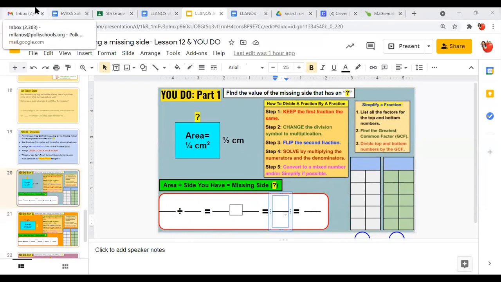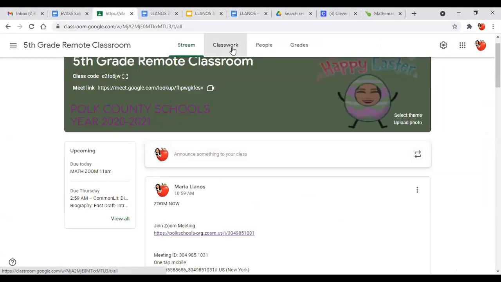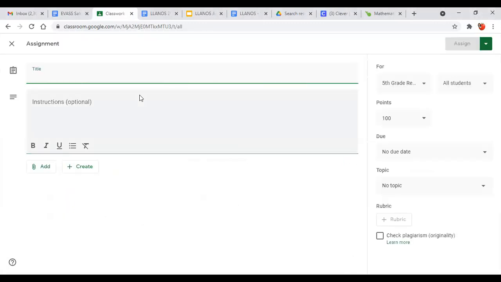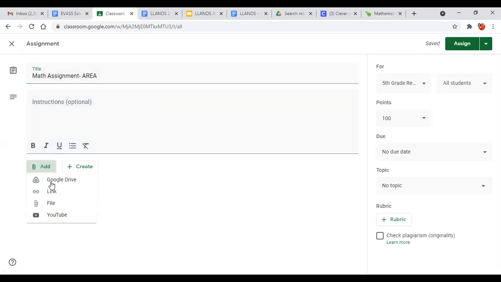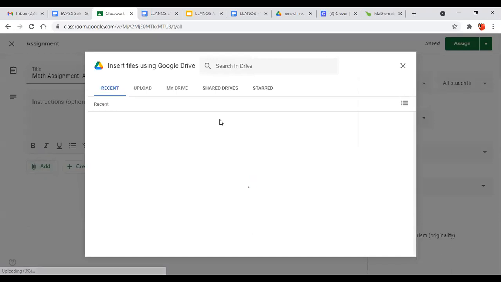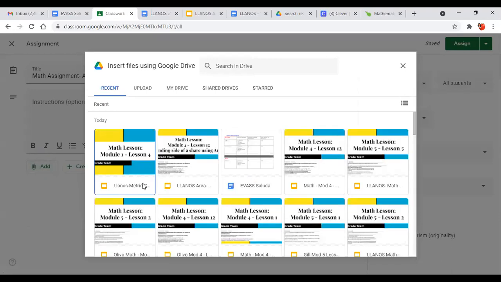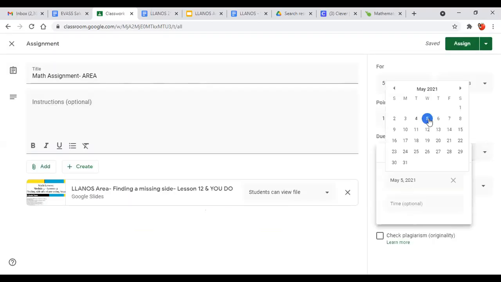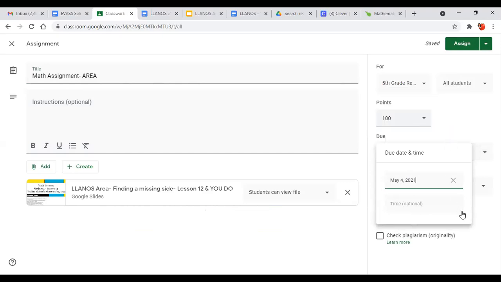So are you just posting the Google Slides and that's the only other work we have to do after that? That is all the work you have today. Tomorrow you will have a whole page. Okay, so let me put math assignment area. It'll be due today because it's very short.